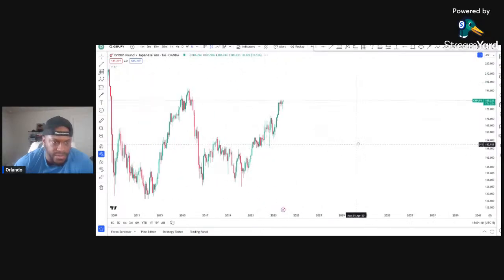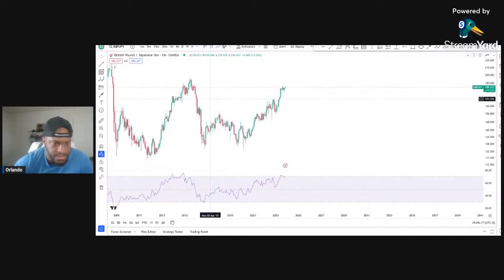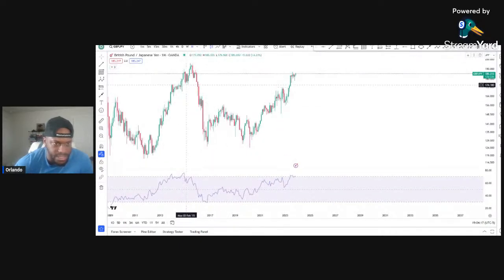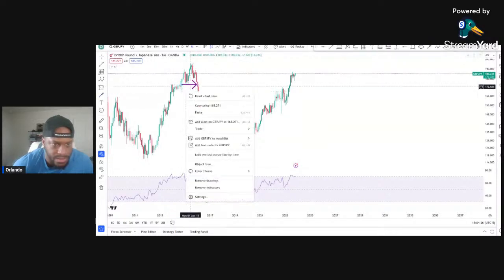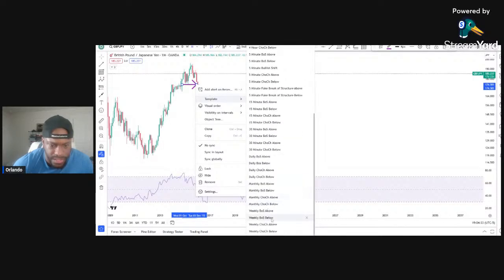Okay. First of all, I can tell this is a divergence change of character. And price changed character right here. This is a change of character right here on the monthly. And so then we look for that monthly change of character below.